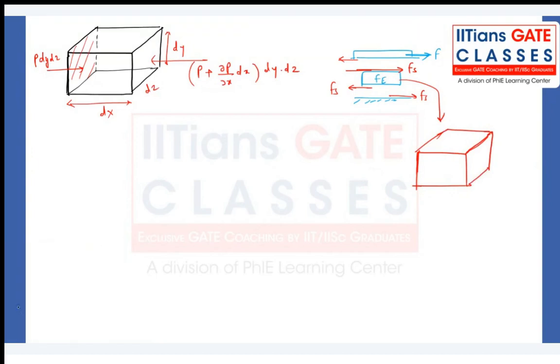So one will be this one, right? The second one will be this one. What is that? Tau into area, tau into dA. On which area is it acting? On this area. What is that area? dx into dz. And on the top of that, when you move a distance of dy, what are all the forces acting?